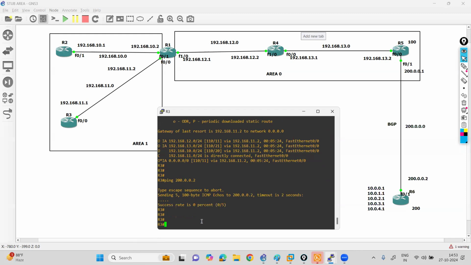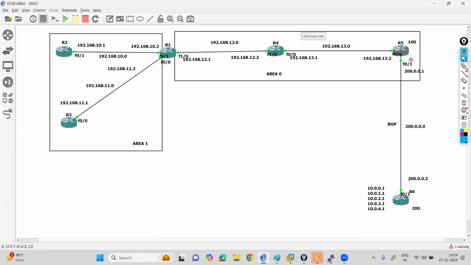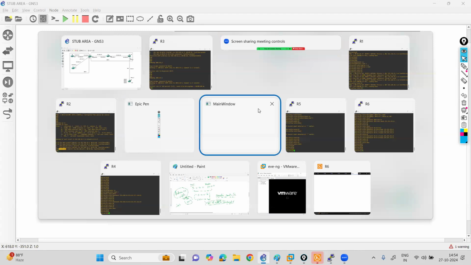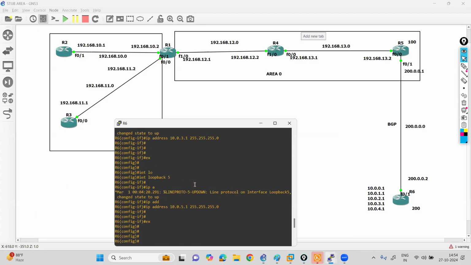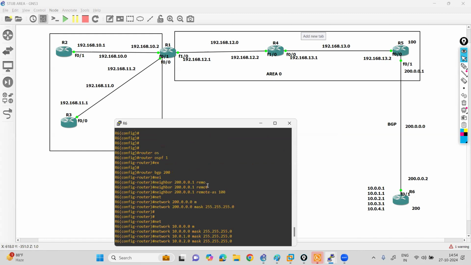Let me ping this one, 200.0.0.1. So that is forwarded, right? Let me check on router number 6 whether there is any issue in the configuration.